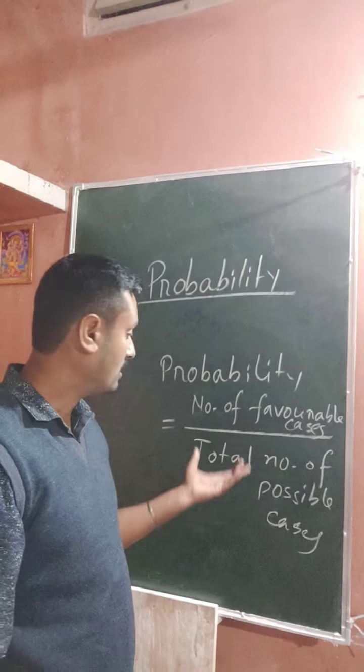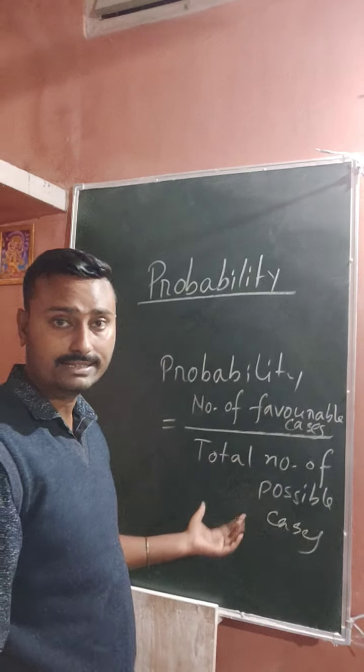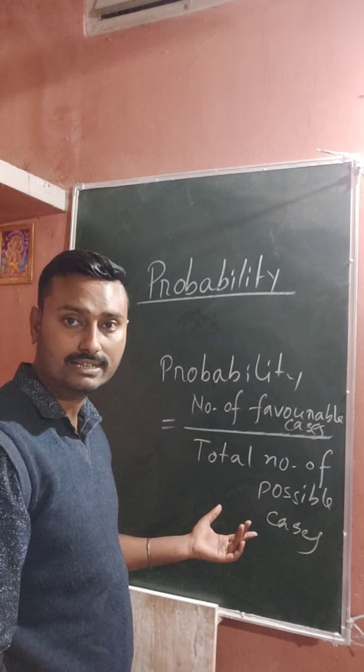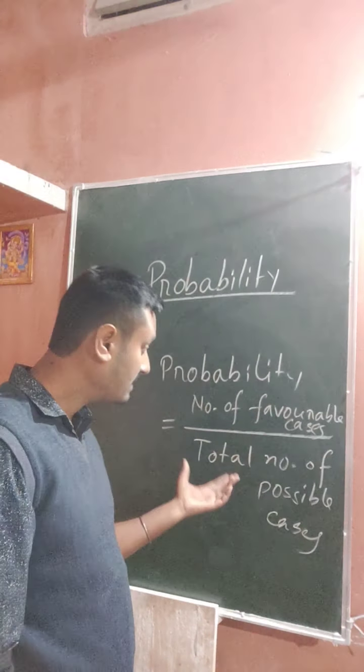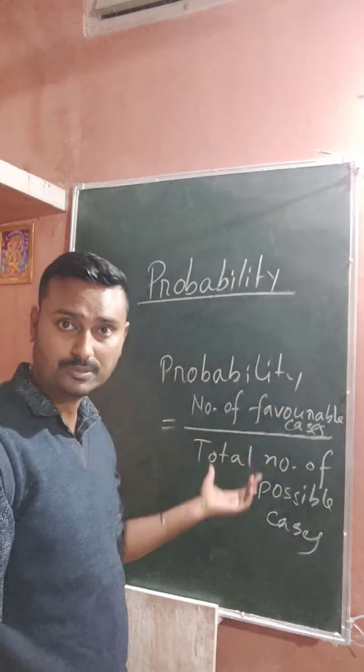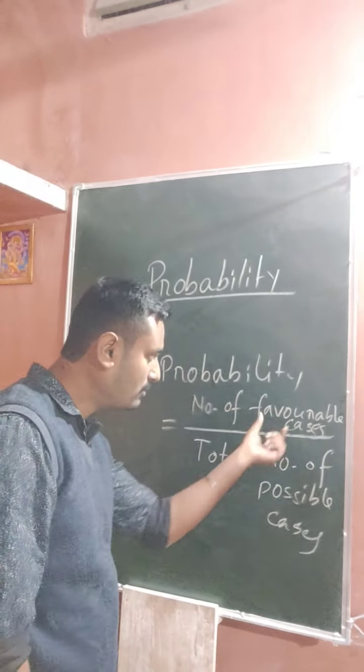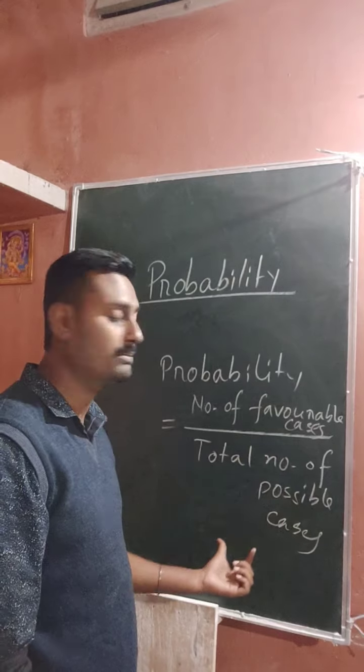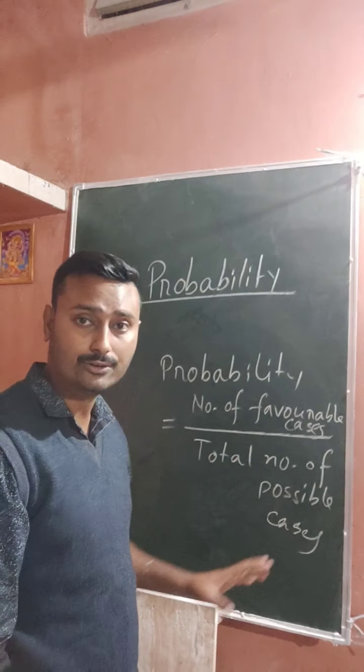Mathematically, the probability of some event is a fraction where the numerator is the number of favorable cases and the denominator is the total number of possible cases. Now, don't get confused about what favorable cases and the total number of possible cases are. When we discuss some problems and examples, the concepts of favorable cases and total number of possible cases will automatically become clear to you.